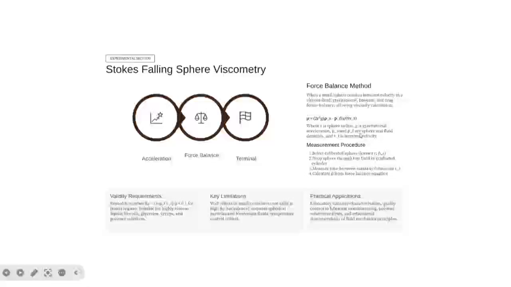Rho s and rho f are the sphere and fluid densities, and vt is the terminal velocity. Also, this is valid only when the Reynolds number is less than 0.1. It is used for measuring the viscosity of oils, glycerin, and syrups.